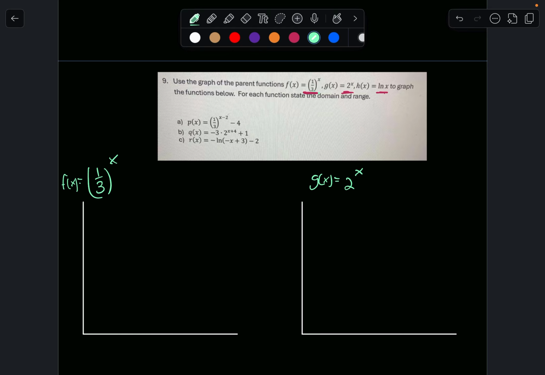Let's talk about these transformations, or I guess we can just draw some rough 1/3 to the x exponent. It's going to look like this. I'll draw them in the colors that they're written. So this is the parent. Should look something like that.